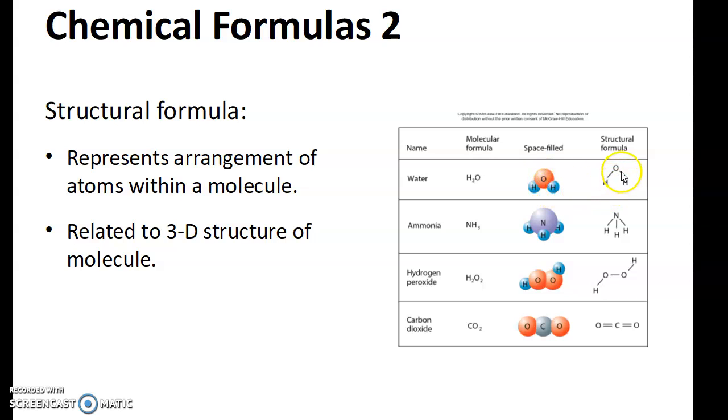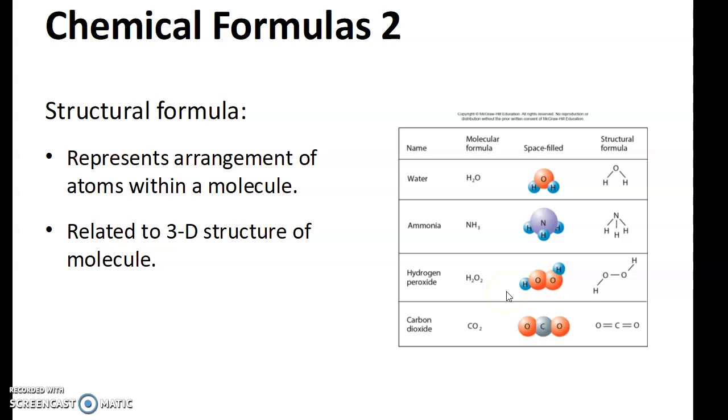And this one right here shows the structure of the bonds involved in each one. And you can see that we have the same thing for ammonia, hydrogen peroxide, and carbon dioxide with the different bond structures here. And so when we talk about chemical equations, we're going to be using these right here.